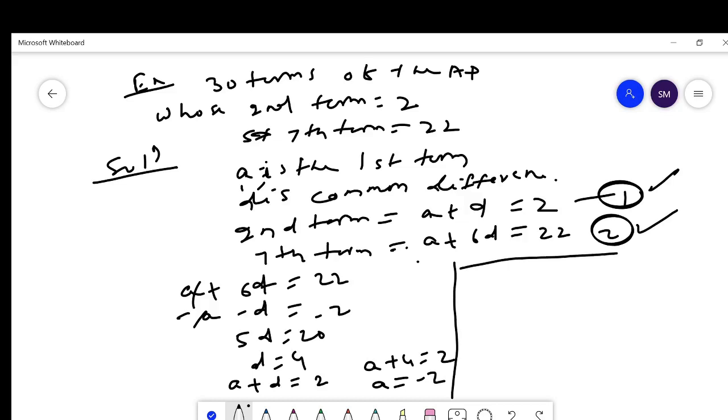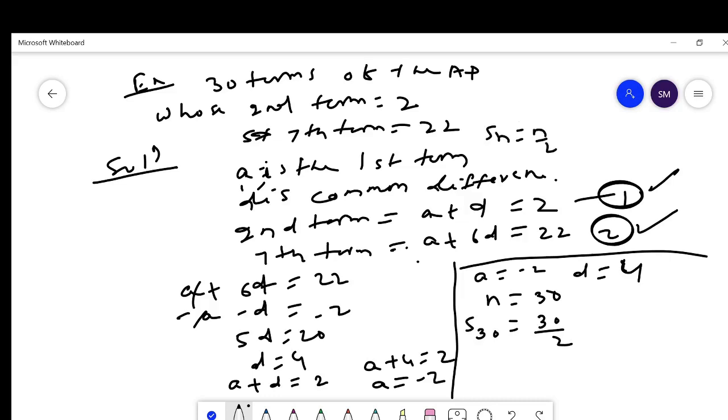Here we get a equal to minus 2 and d equal to 4 and n equal to 30. Then S30 is equal to 30 upon 2, because Sn is equal to n by 2 into (2a plus (n minus 1) into d).